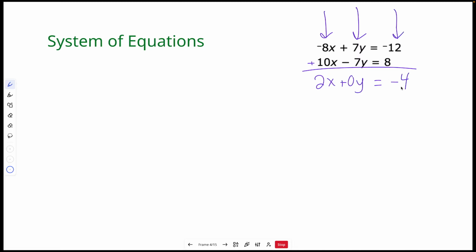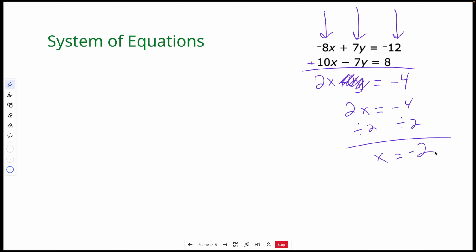Again, we're just adding straight down. And this is called the elimination method because you'll notice that the y's basically are gone, right? Because 0y is nothing. And so now we just have this nice easy equation, 2x equals negative 4, divide by 2 on both sides, and you get that x equals negative 2.